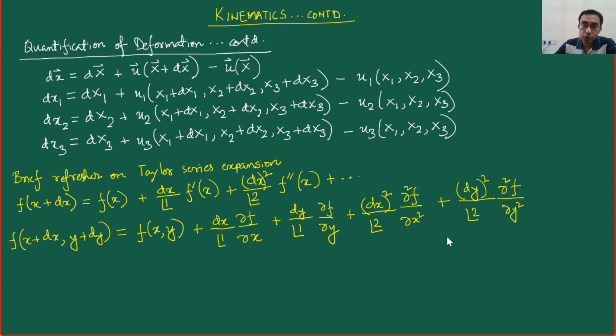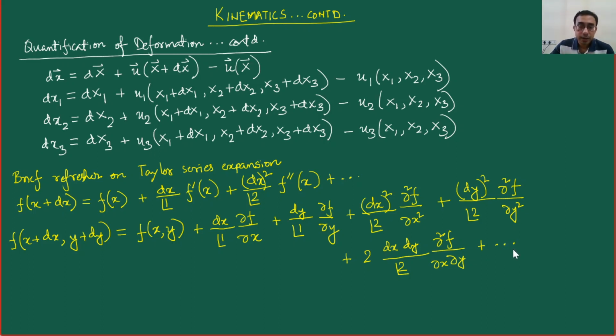However, this is not the end of the story, because we'll also have some kind of a cross dependence involving both dx and dy, because this is now a quadratic dependence. So it will be twice dx dy by factorial 2 times del square f del x del y, plus we are going to have some higher order terms.